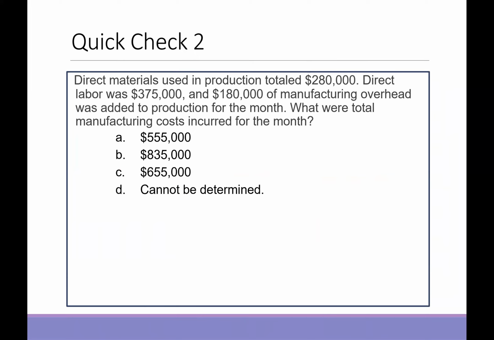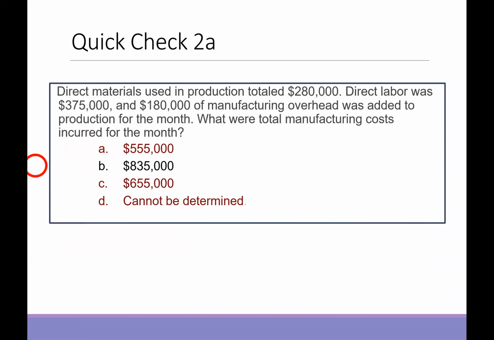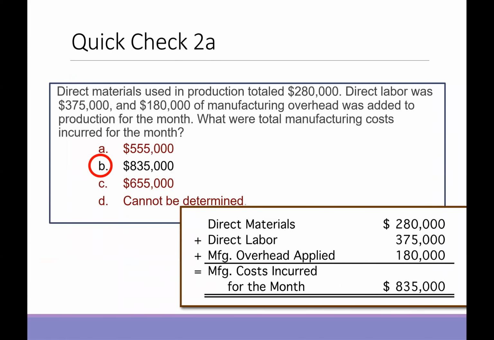Direct labor is 375, and 180 of manufacturing overhead was added to production for the month. What were the total manufacturing costs incurred for the month? Direct materials, direct labor, and manufacturing overhead. Makes sense, doesn't it?